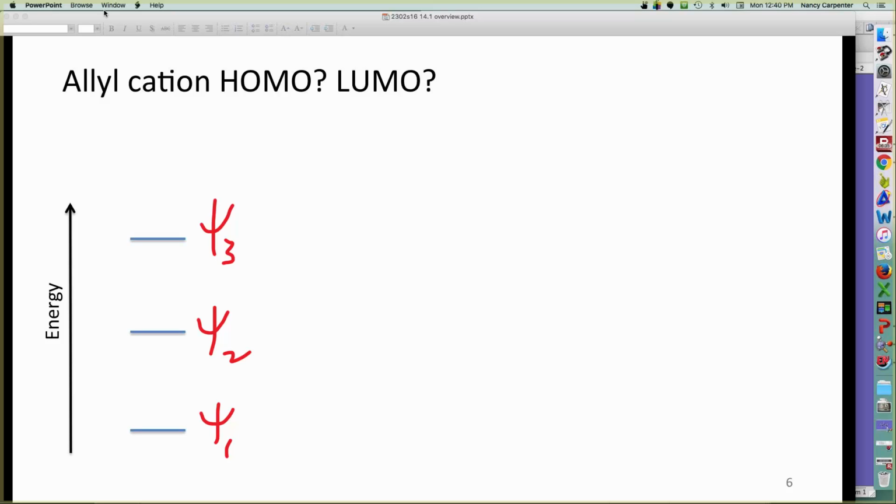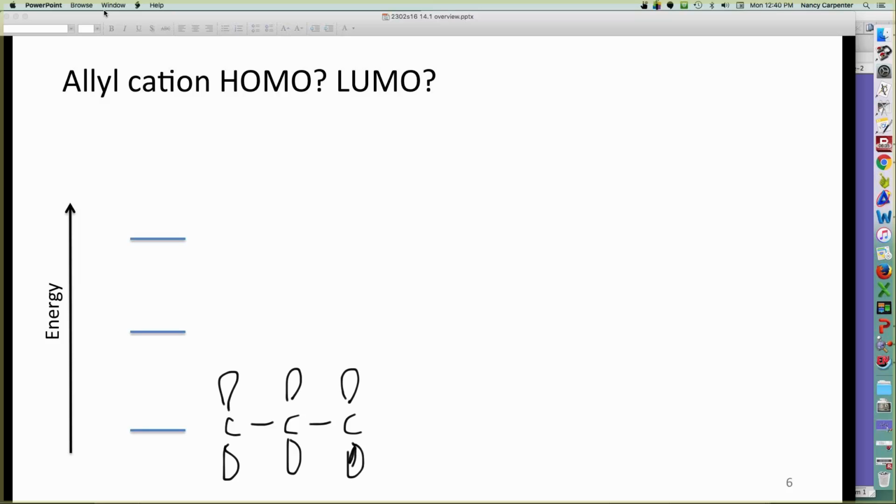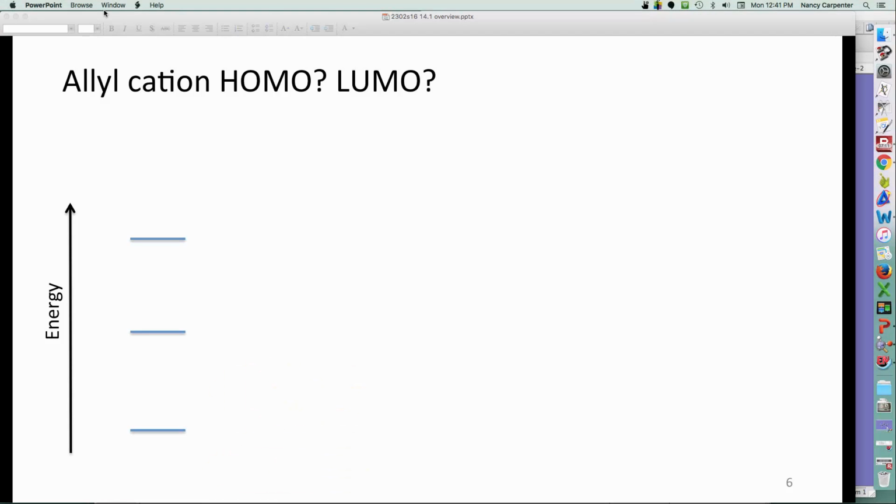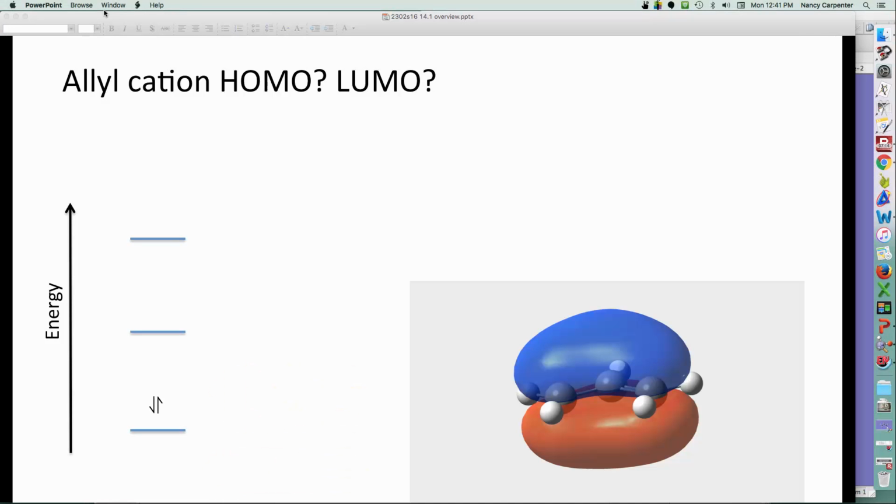All right, well, let's think about this. If I have 3 adjacent p orbitals, certainly the most stable one would be completely bonding. All 3 orbitals would be in phase, and they could all overlap, and that's what I think my lowest energy molecular orbital should look like. And that is what my lowest energy molecular orbital looks like. It looks just like that.